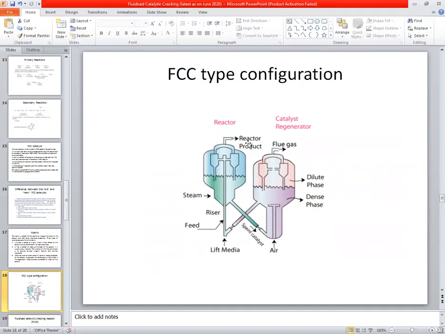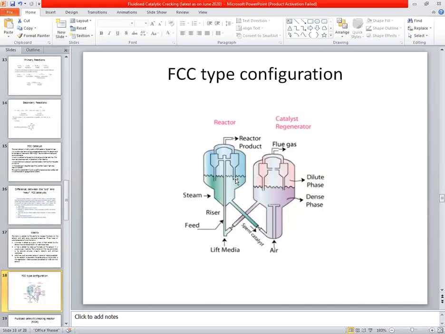This is the reactor, and the catalyst regenerator is the CR. This is called FCCR, and this is CR. Here, I think you can answer my question also: this configuration is called side by side. See here, catalyst followed by reactor.